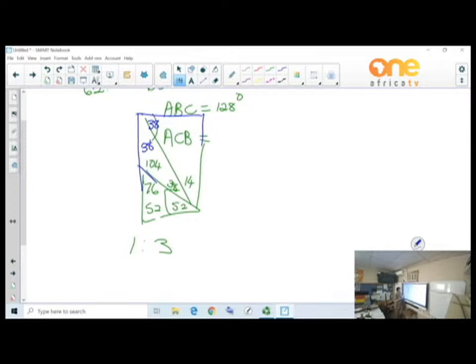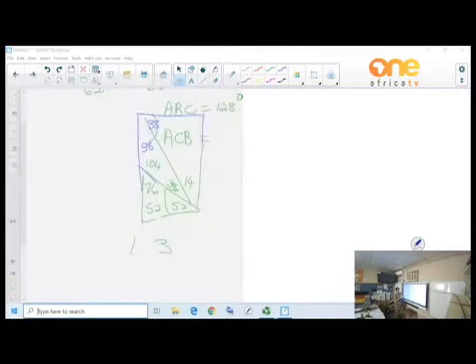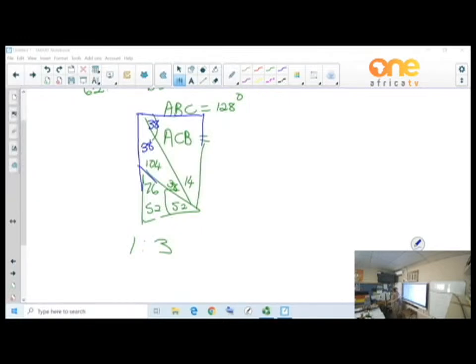Nee, maar ons moet ACB kry. Ons moet hierdie hoekie kry. Maar, hoekom is hy nie 128 grade nie? Hy is toch supplementary met die?